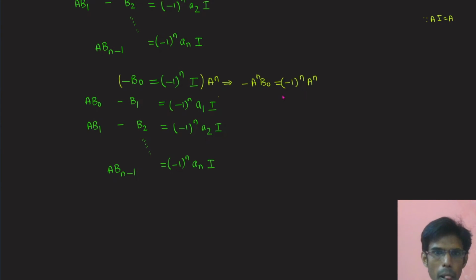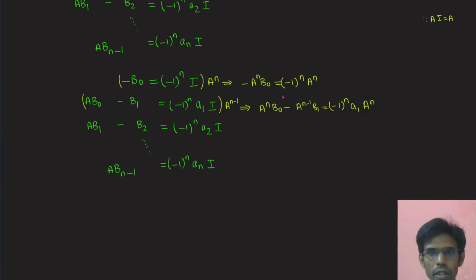Now similarly, multiply this equation by A^(n-1). So this will give us A^n b0 minus A^(n-1) b1 is equal to (-1)^n a1 into A^(n-1).